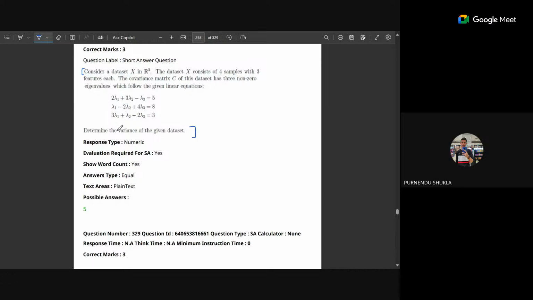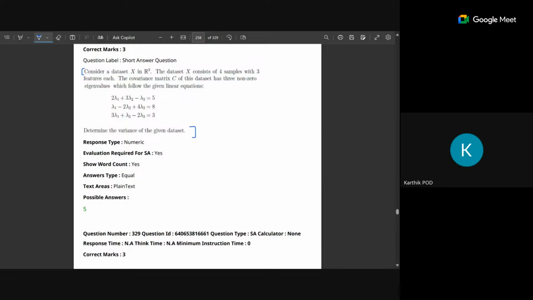Yes, you have to solve for lambda. What I did was 2, 1, 3. I created a matrix for X and lambda separately, and Y's also, and then I tried to calculate just the X values to get the covariance matrix. X is not needed, right? You are already given lambdas.